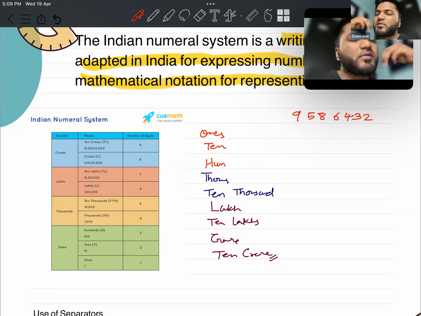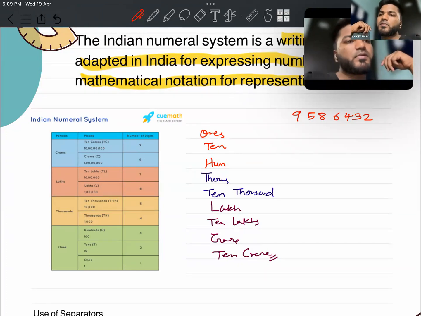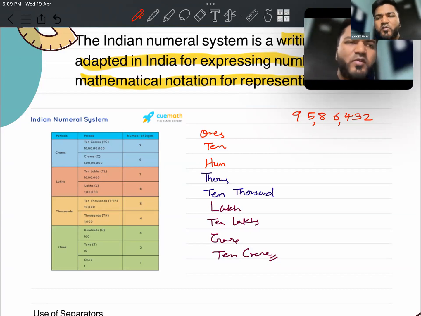What do we call this number as per the Indian numeral system? 95 lakhs 86,432. Very good. Between 6 and 4 we have to put a comma, and between 5 and 8 one more comma. That's how I read it. Exactly, that's how we separate the numbers as per the Indian numeral system.